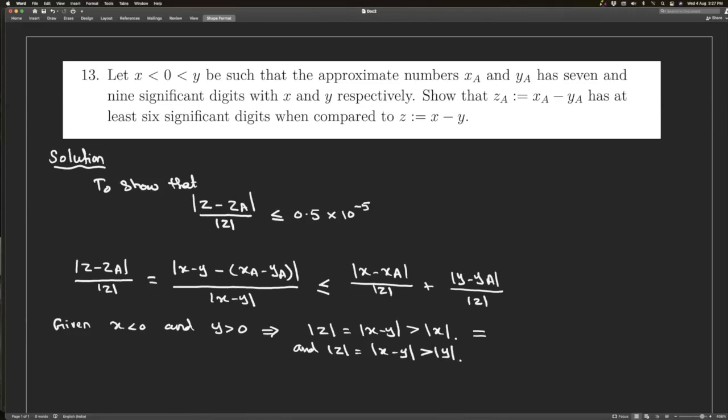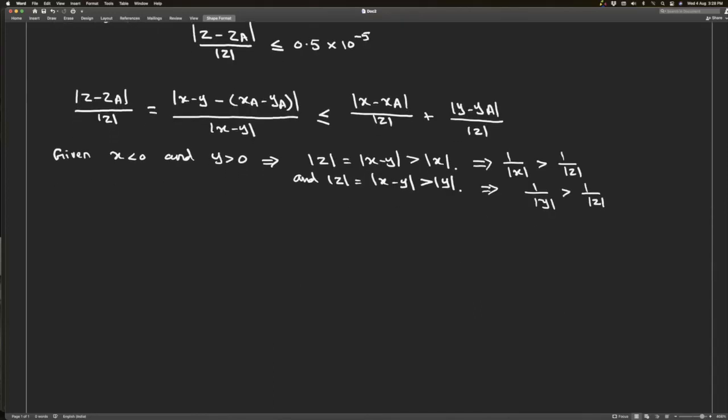Therefore, we can see that 1 by |x| is greater than 1 by |z|, and similarly the second one implies 1 by |y| is greater than 1 by |z|. Now substitute these values into our inequality.